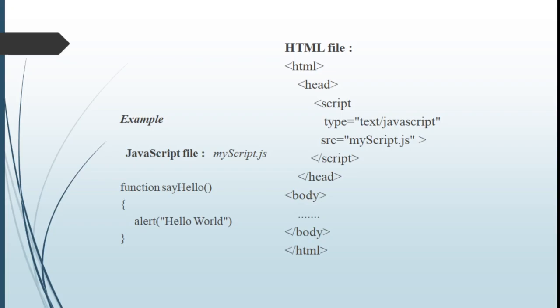If you observe the script tag, I have taken src equals, from where I am getting this JavaScript file, myscript.js. Here I included the script tag in the head section. This is about JavaScript in three ways: the script tag can be included in the head section, the body section, and as external files.